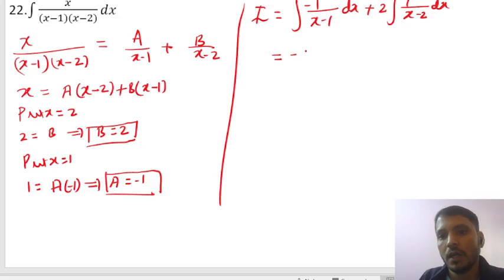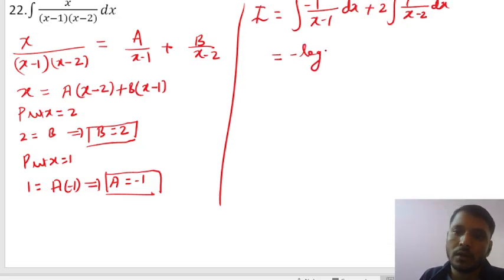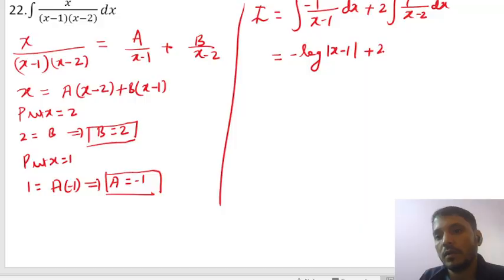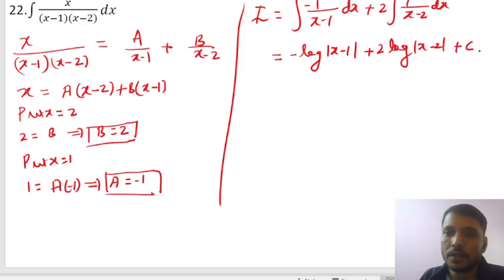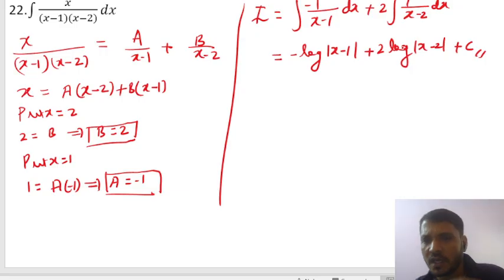And here it becomes minus 1 log mod x minus 1 plus 2 times log mod x minus 2 plus c. And this is our final answer.